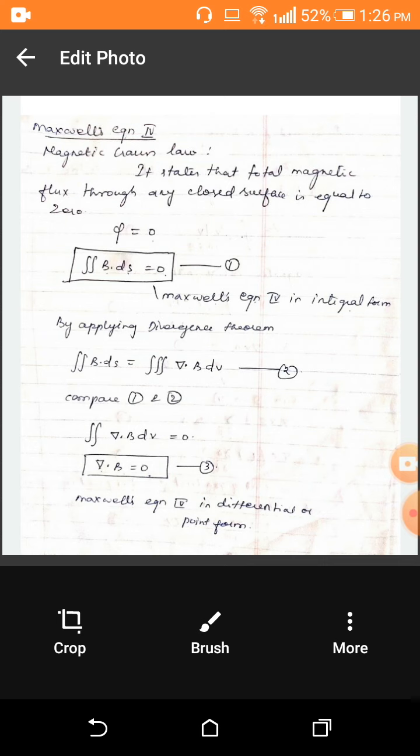Comparing this equation with the previous equation, you get volume integral del dot B dv is equal to 0. So del dot B is equal to 0. That is, the volume of any object or body can never be 0. This is Maxwell's equation in differential or point form.